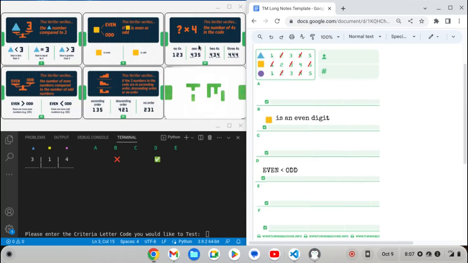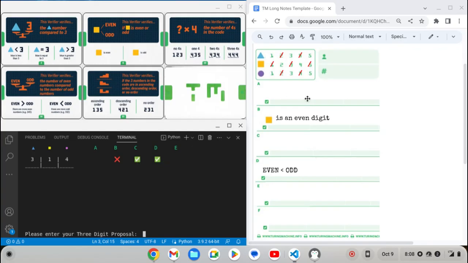Let's see. Yeah, let's go ahead and test criteria card C. Okay, so it does agree that there should be one 4-digit. Notice that in my proposal I do have a 4, and the Turing Machine responds that yes, it agrees. 1 4 is accurate.